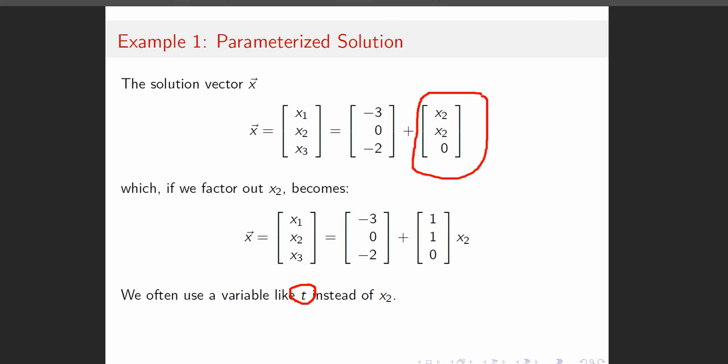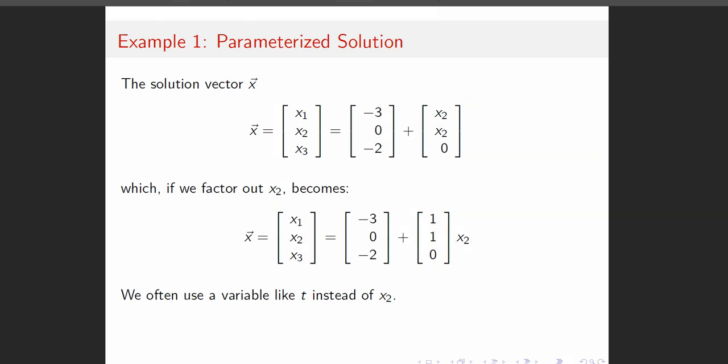They're just real numbers. This is saying I can multiply any real number x sub 2 times this vector, and it will be a solution. So there are infinitely many solutions, and this describes them.